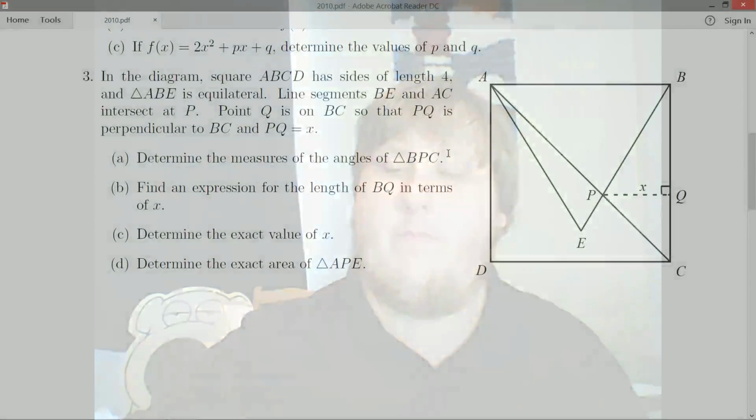So the fact that they started off with angles tells me I'm probably not going to want to throw a coordinate system on here. Now maybe that'll help. Maybe you're really good at that sort of stuff, but I think we can get by without it. So we want the angles here.